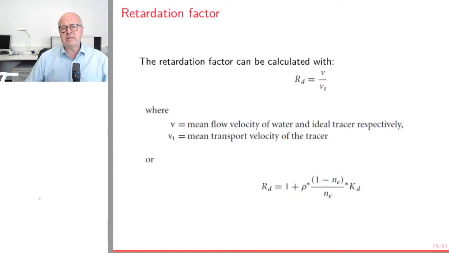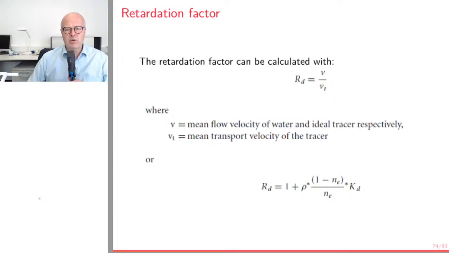Now this can be translated into a retardation factor quite easily. So if you have a KD value, then you can convert this to a retardation factor, and the formula for the calculation of the retardation factor as a function of the porosity n_e, effective porosity, and the KD value, so the distribution factor, and the bulk density is given below.